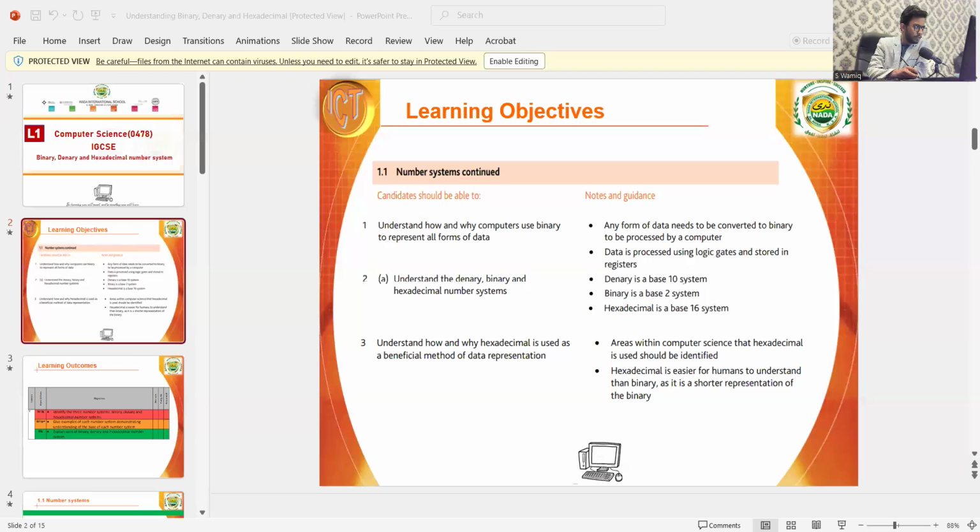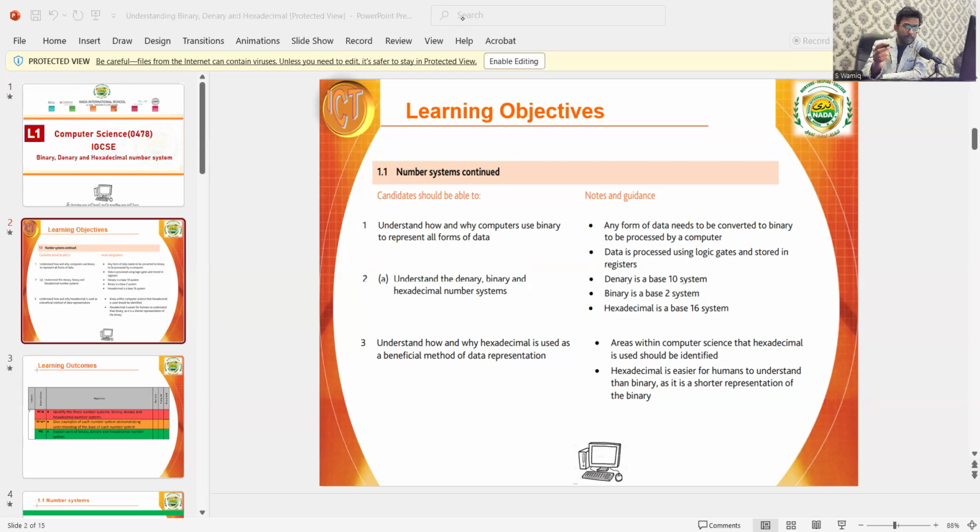First of all, we are going to see what is binary. How does the computer represent all forms of data? We are going to discuss the three different categories of number systems as well, that is binary, denary, and hexadecimal.